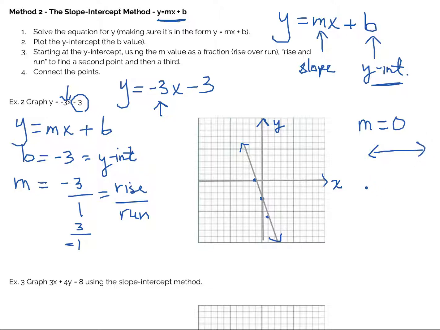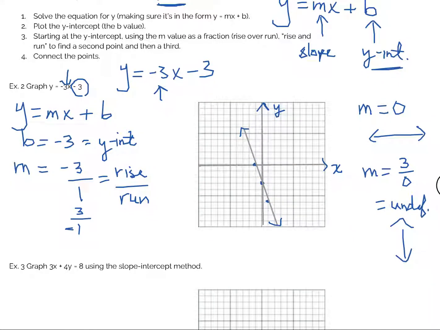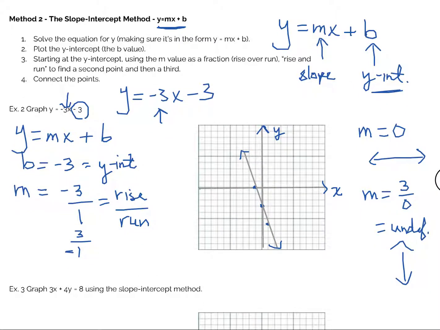And sometimes your slope is what we call undefined, like if you had something like 3 over 0. You can't divide by 0, so your slope is undefined, and that means it's going to be a vertical line, your undefined slope. So lots of things about lines. We're going to be dealing with lines fairly frequently.